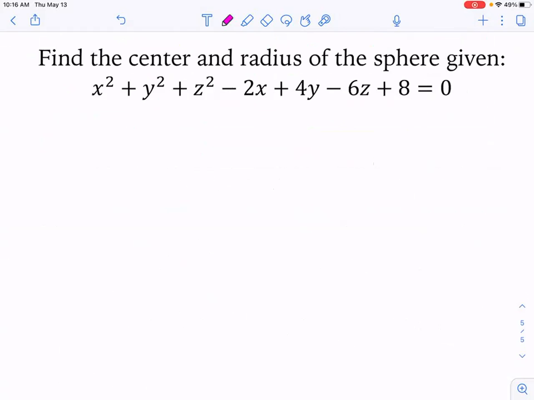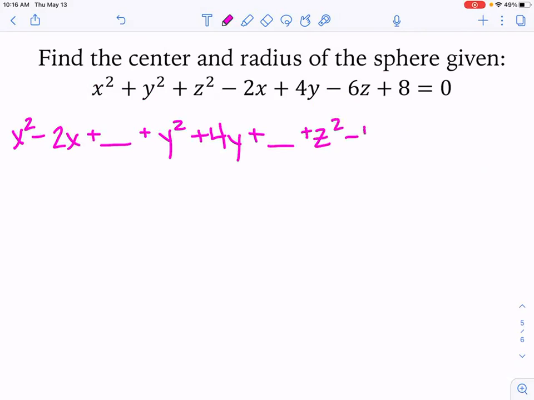Completing the square. All right, so I'm going to write x squared minus 2x plus blank, plus y squared plus 4y plus blank, plus z squared minus 6z plus blank.